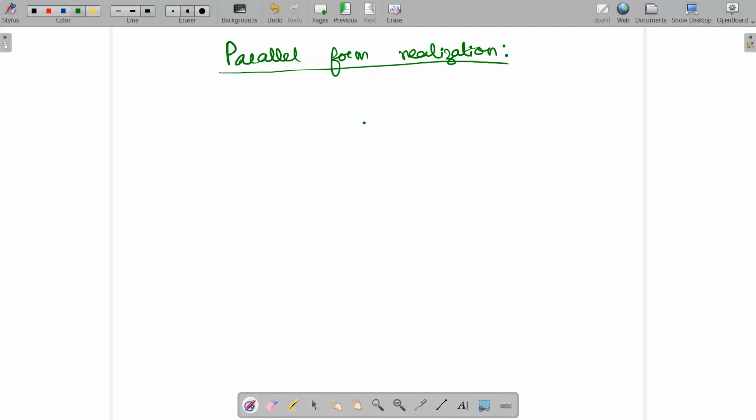Thus, the given h of z, we have to write as an addition of subtransfer functions like h1 of z plus h2 of z plus h3 of z and so on.